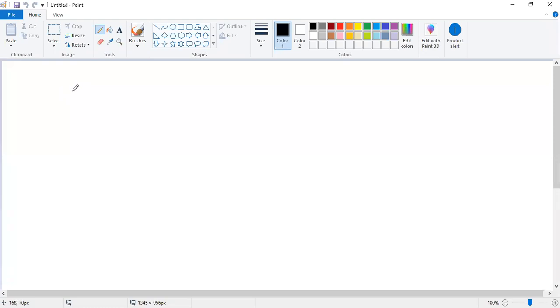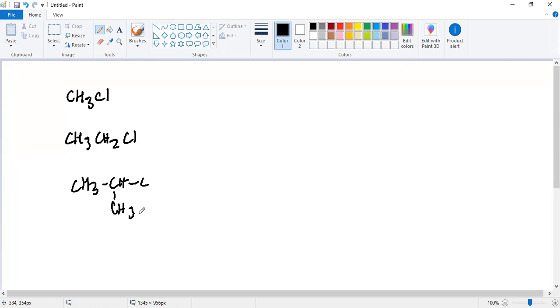We have seen CH3Cl, but we may have this kind of compound even: CH3, CH2, Cl, or we may have CH3, CH, CH3 and Cl, or we may have CH3, C, CH3, CH3 and Cl.